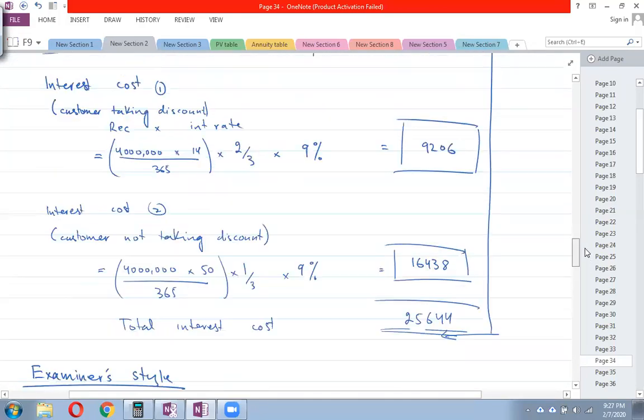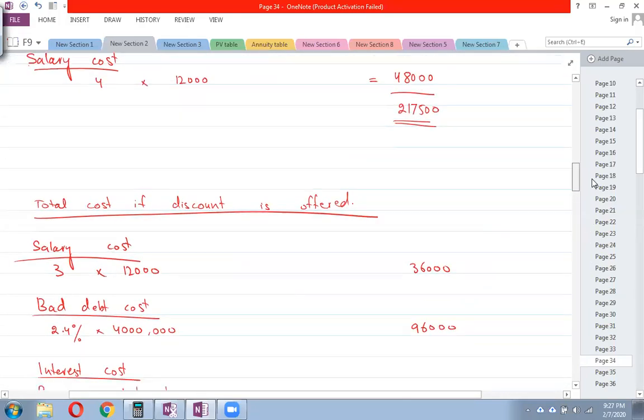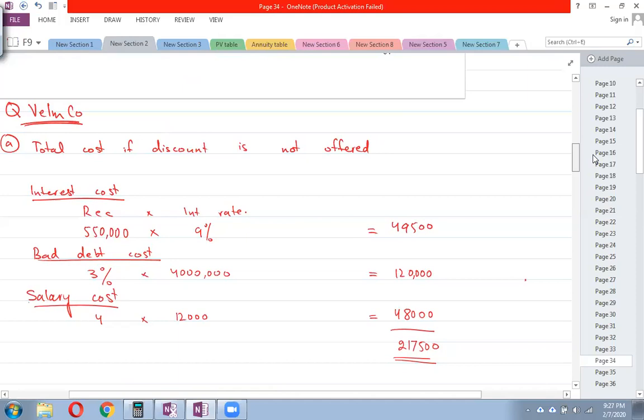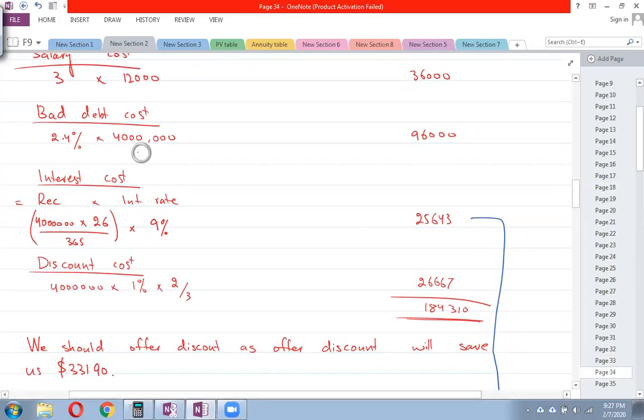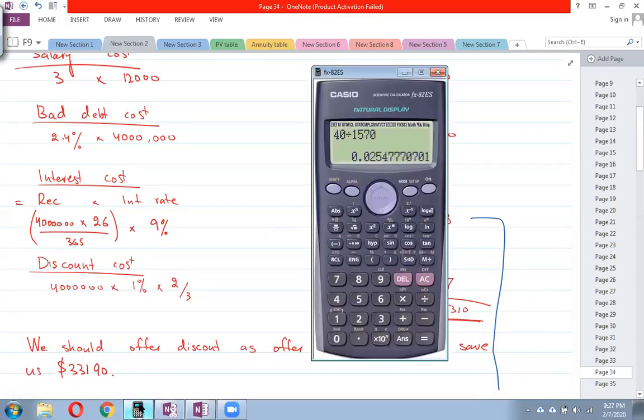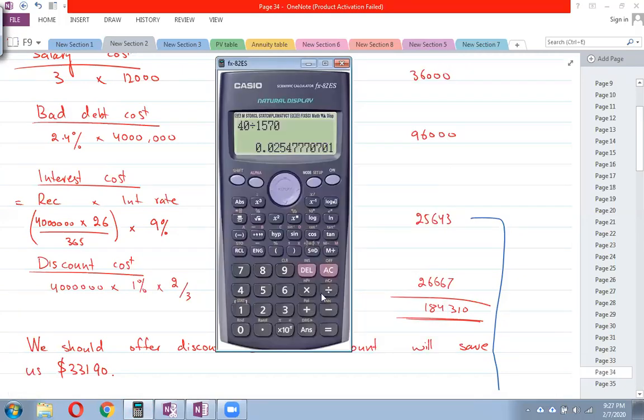So we said, look, the question is, should the sale be considered 4 million, or should we deduct the discount from it? Should we consider the sales to be 4 million, or 4 million minus 2,667, right?